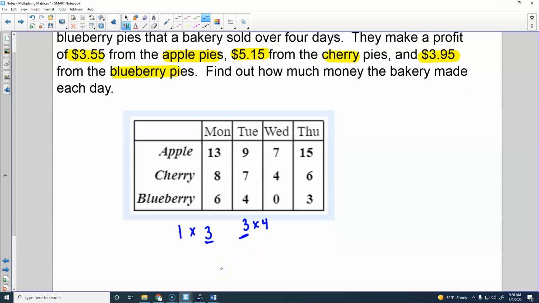So, if I'm making a 1 by 3, I need the same order: apple, cherry, blueberry. And I need the profit: $3.55, $5.15, and $3.95.